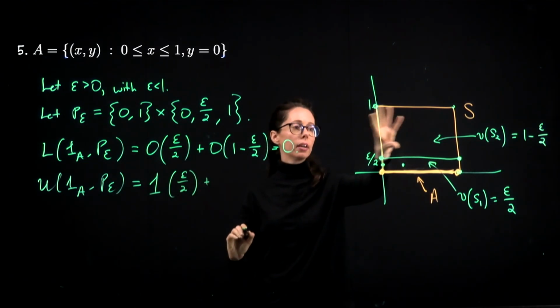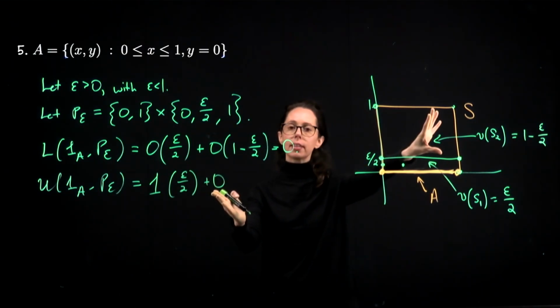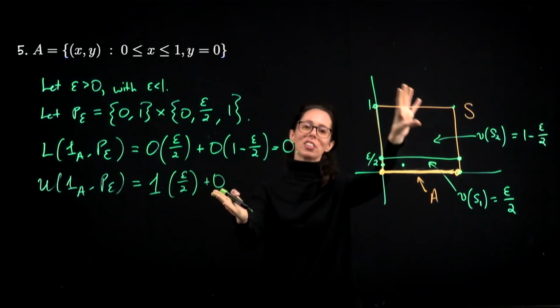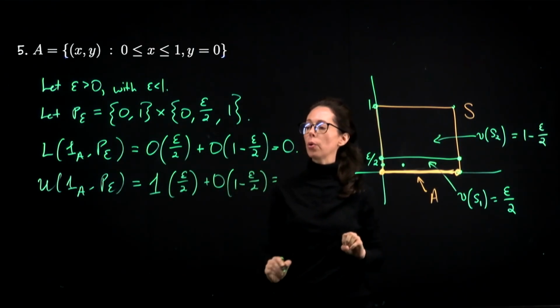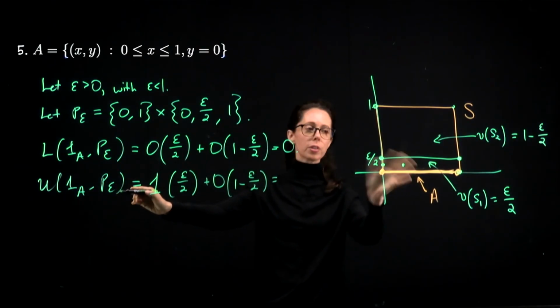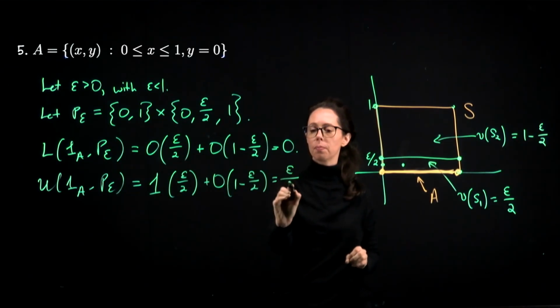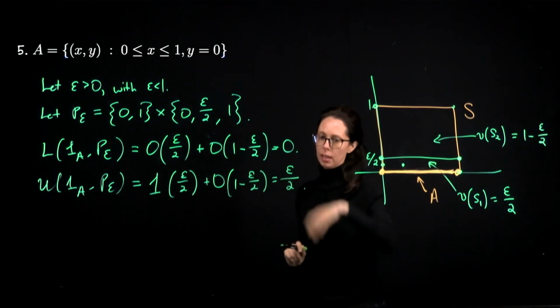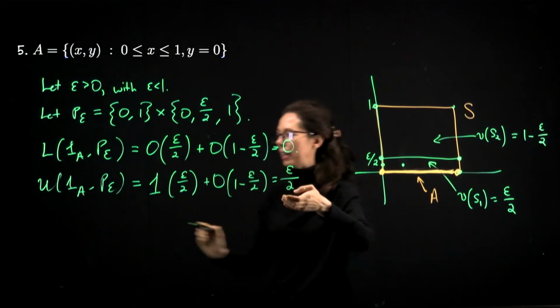But up here, we have no points of A. So the characteristic function is identically 0. The sup of the outputs of the characteristic function is also 0. So overall, the upper sum of the characteristic function of A with respect to this partition is 1 times epsilon over 2. Okay. And again, I cut epsilon in half here just to have an inequality.